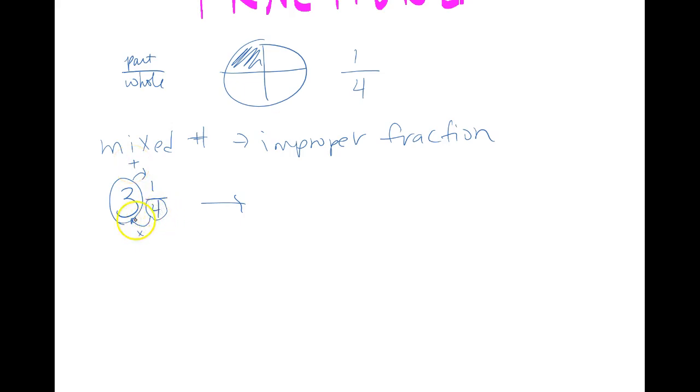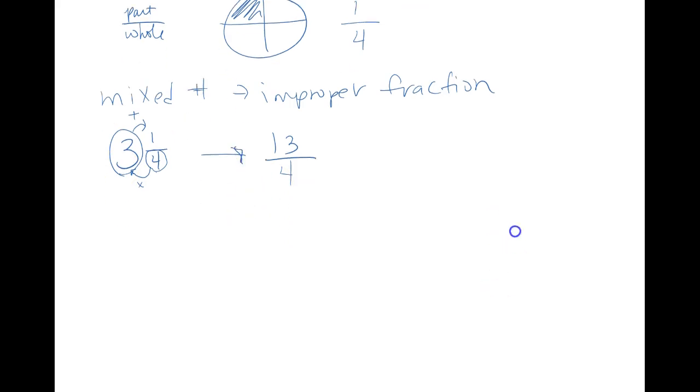So the bottom is 3 times 4, which is 12, and then 12 plus 1, because you add the number on top, is 13. And 13 would be your new numerator, and your denominator just stays whatever it initially was, which in this case is a 4. So 13/4 is the same as 3 and 1/4, okay?